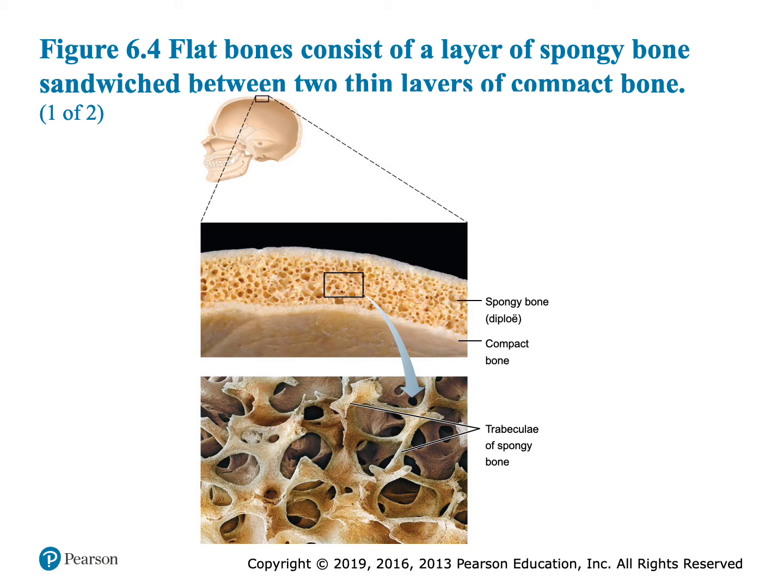So right here, we have compact bone, cortical bone, and also here at the bottom, compact bone, cortical bone, dense bone, whatever you want to call it. And then this right here is the sandwiched area, the spongy bone sandwich.